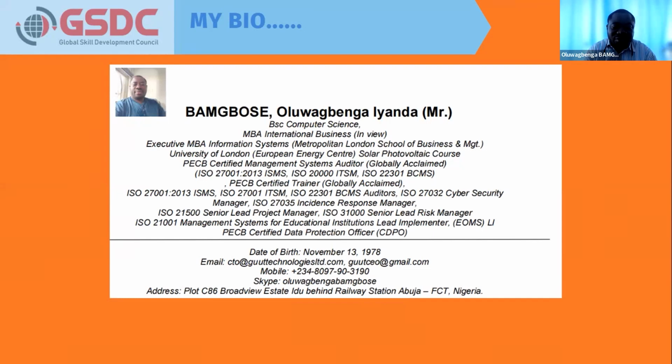Around the certifications you've seen, I also train, and I'm also into data protection using the General Data Protection Regulation, Education Management System, Senior Lead Project Manager according to ISO standard, and of course, the Senior Lead Risk Manager. My address is based in Nigeria, but a citizen of the world. That's what I used to call myself, because we need to work equally, because that's what ISO is all about.